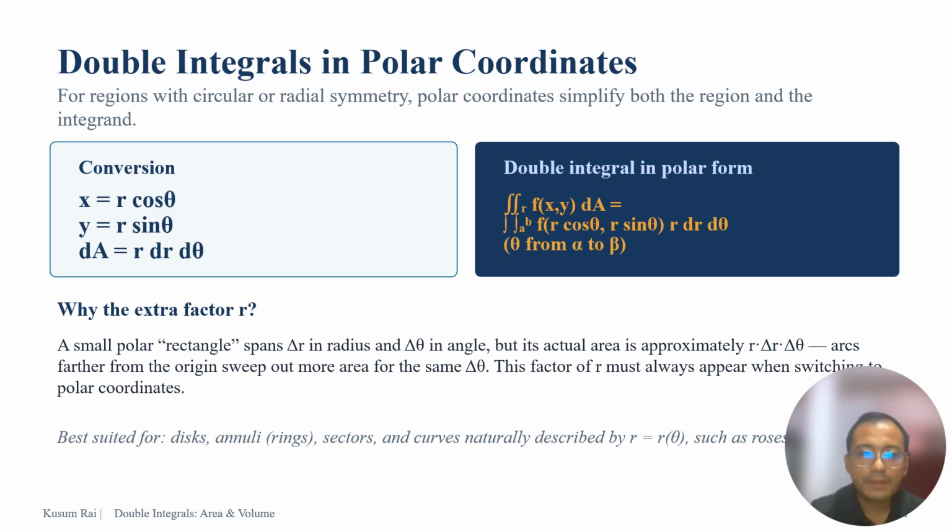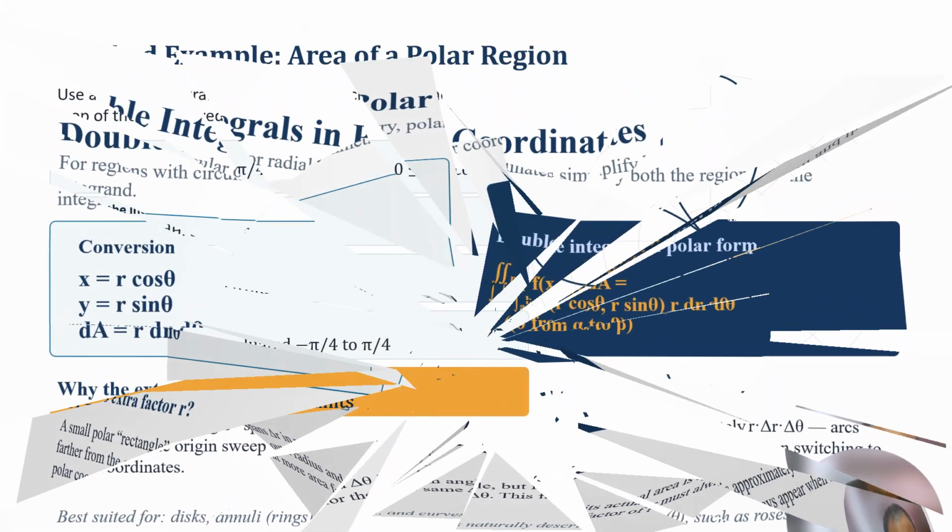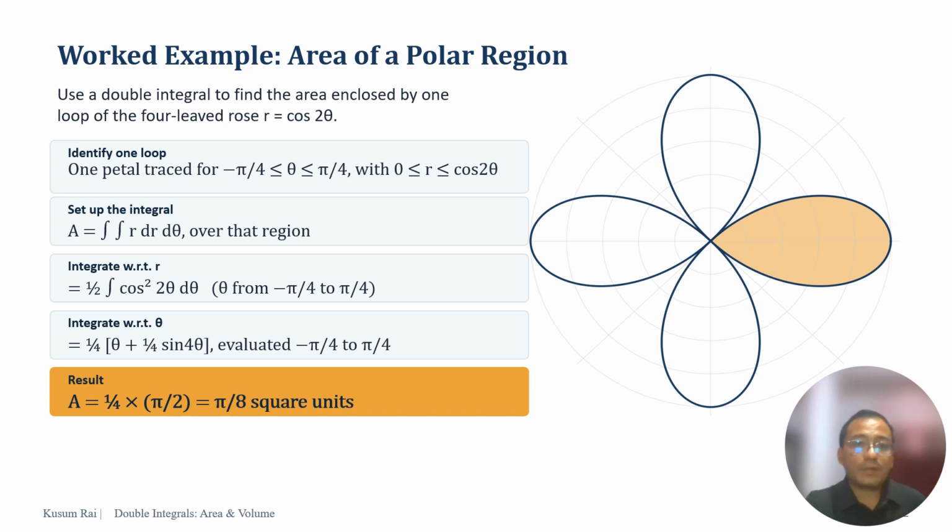It's okay. For the next, now work out examples for the area of a polar region. Now, use a double integral to find the area enclosed by one loop of the four-leaved rose r = cos 2 theta.